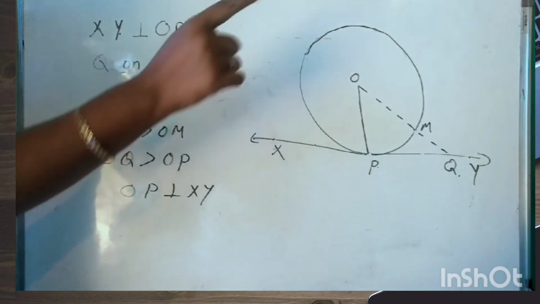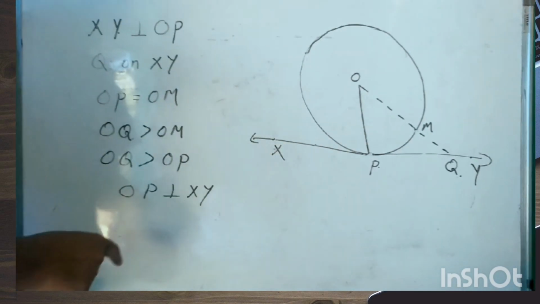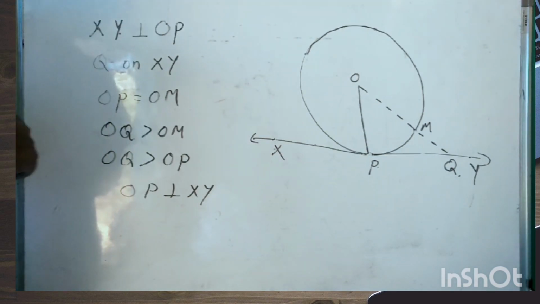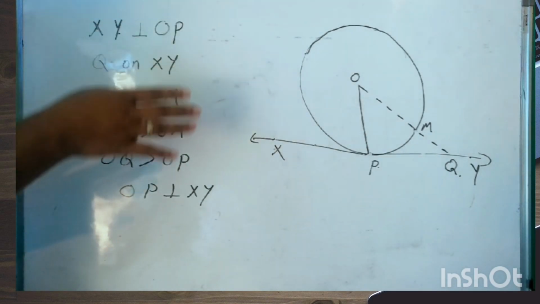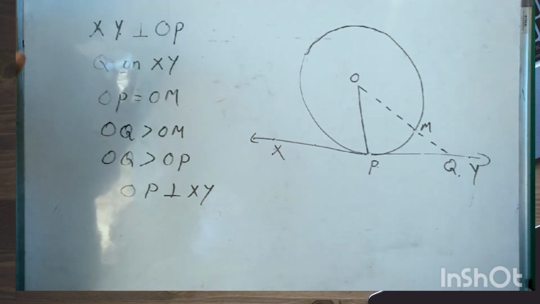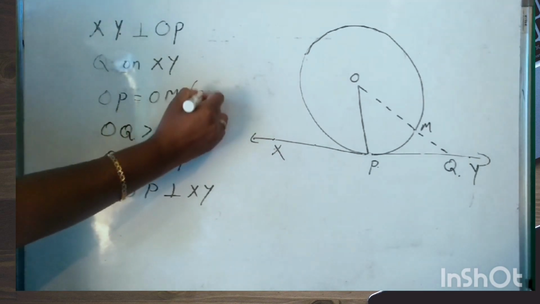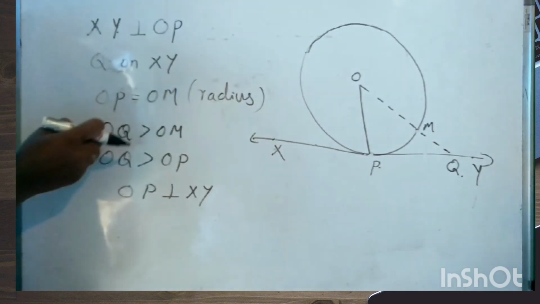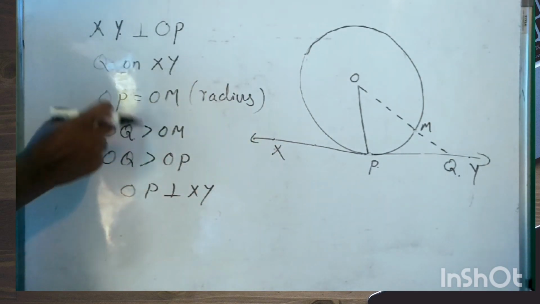Listen, to prove this theorem, we took one point Q outside the circle and it lies on the line XY. If this Q lies on the circle, then this line XY becomes a secant because P and Q are common to this circle and this line. So if you take any point on XY, that point should lie outside the circle. Otherwise, XY becomes a secant. OP and OM are equal because they are radii. Clearly, OQ is greater than OM, and I am going to replace OM by OP because the two are equal.